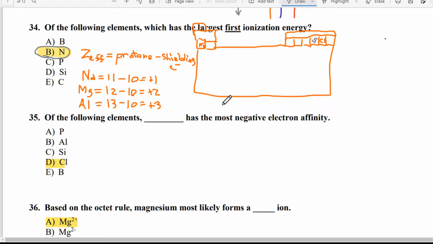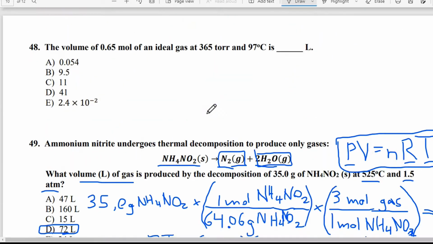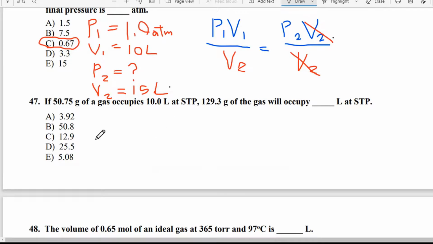Okay, somebody had a question on a different number. 47. It says a gas occupies 10 liters at STP. 129.3 grams of the gas will occupy blank liters at STP. Okay, so there is an easy way to do this, and there's a hard way to do this.